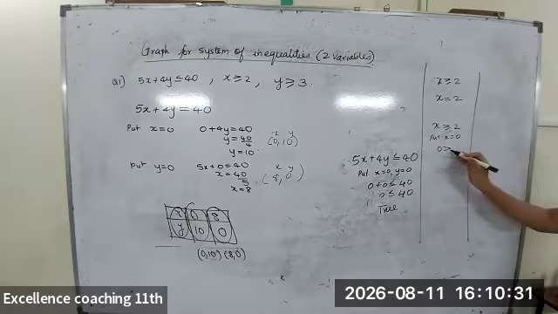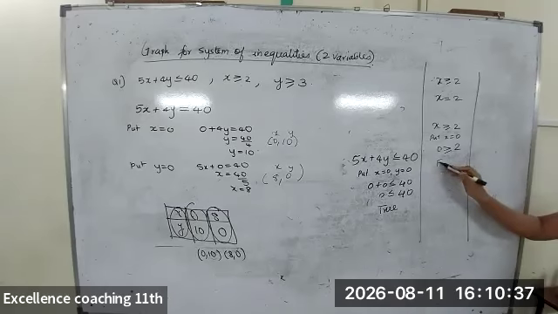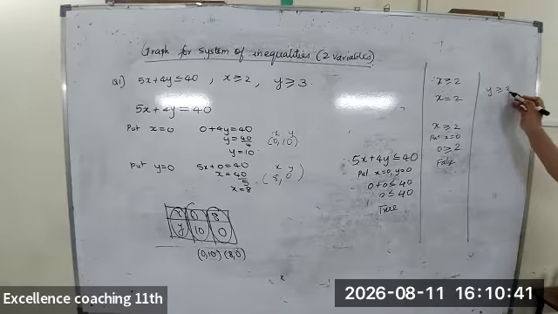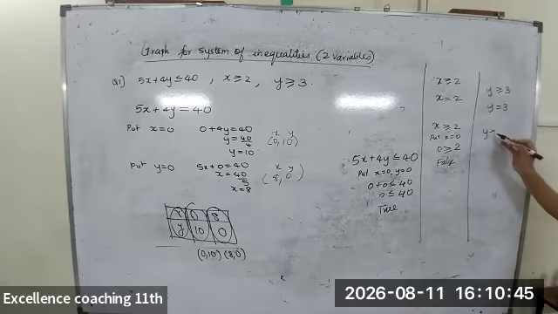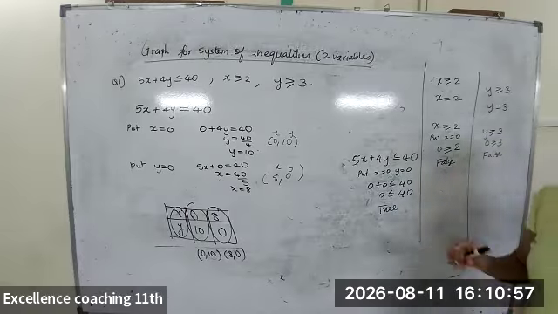So is 0 greater than 2? True or false? False. So write false and done. So we are done with the entire calculation part.